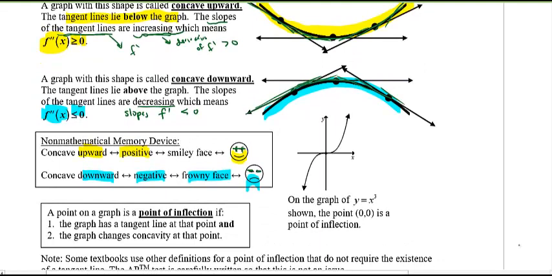Before I talk about this next topic of a point of inflection, let me make a little note about that equal sign, why it's there. Let me give you an example of a graph, like y equals x to the power of 4. That's a graph that looks like this.